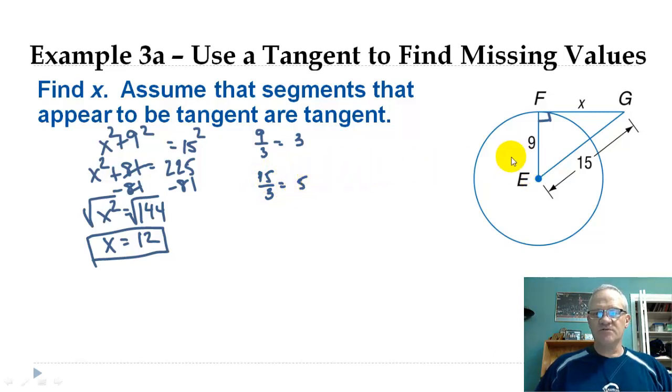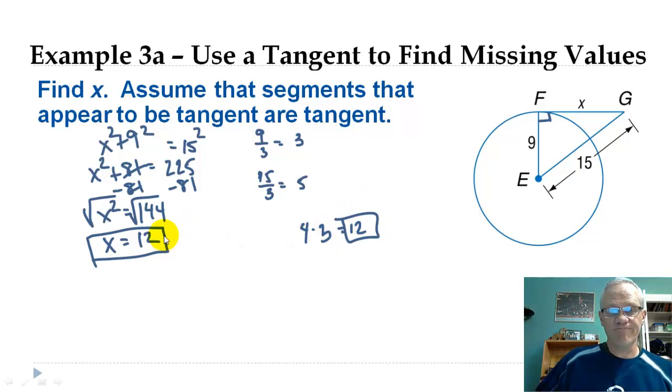And do you remember there was a Pythagorean triple that was 3, 4, 5? Remember 3, 4, 5? As a Pythagorean triple, 3, 4, and then 5. And so in order to get it back to this length here, since we divided by 3, you just take that and multiply by 3, and there's your 12. So you notice, just like we did with the Pythagorean theorem. Okay, a little extra bonus learning there, no charge.